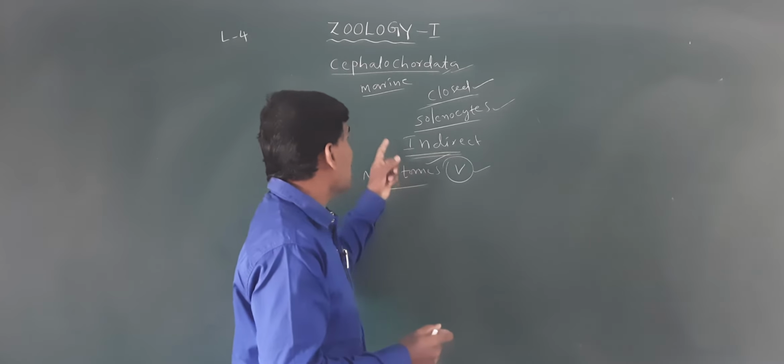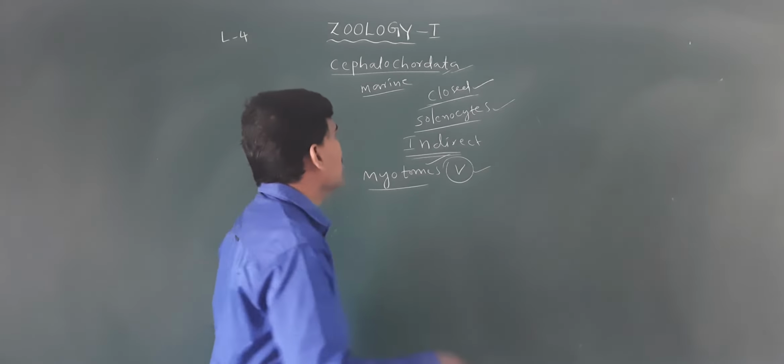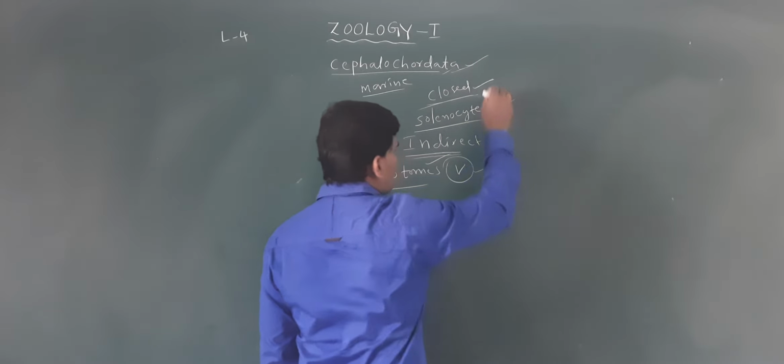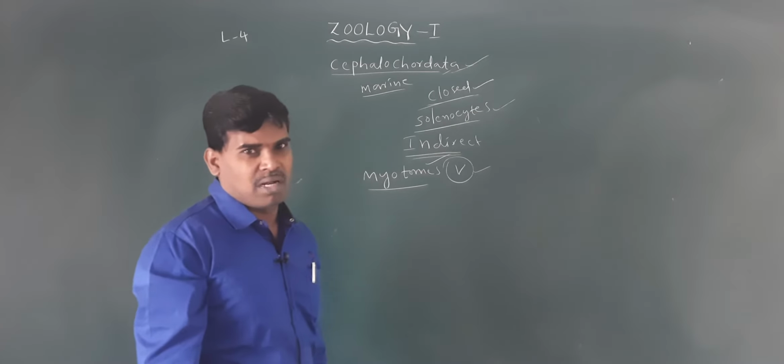These are typical chordate characters; Cephalochordates are typical chordate animals. Why?